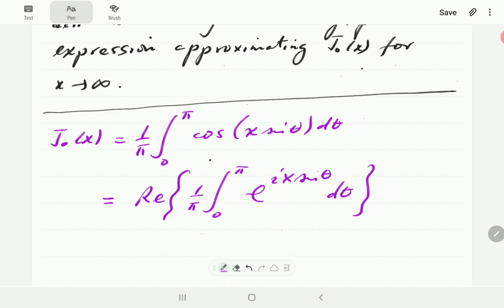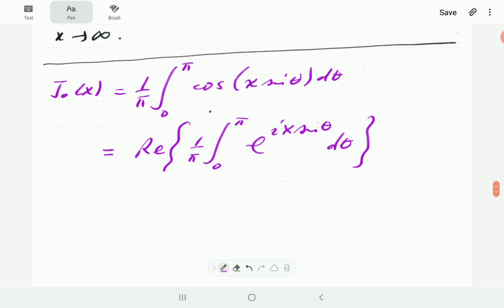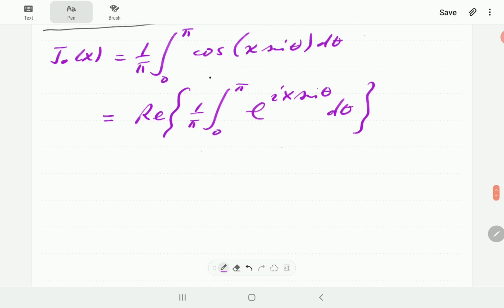So if you like, in the format of our formulas, the role of lambda is played by x this time, and the dummy variable which we had as t is theta this time.